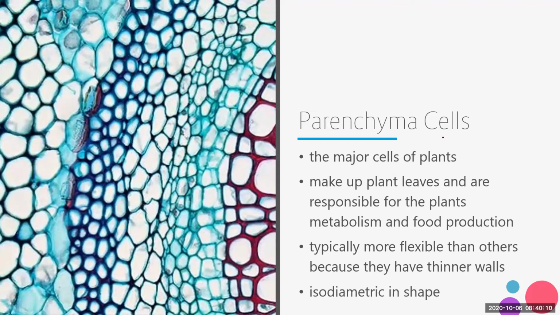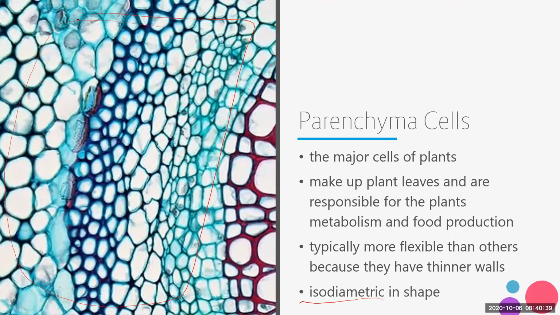Then under the microscope, we can identify them because their shape is isodiametric. So under the microscope, ito yung mga parenchymal cells. Yung bluish ang color. So that's the parenchymal cells.